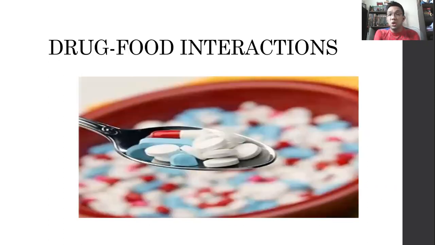Another would be drug-food interactions. There are certain drugs that, when taken with food or beverages, can cause a synergistic effect as well, or can increase their potency in a patient.